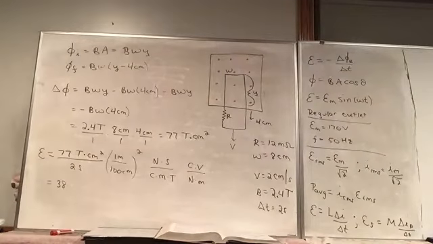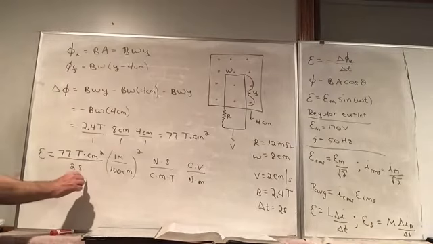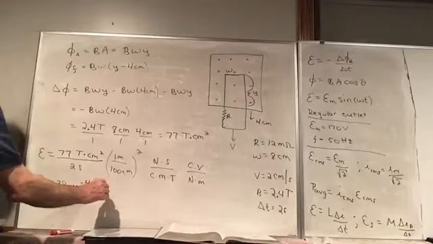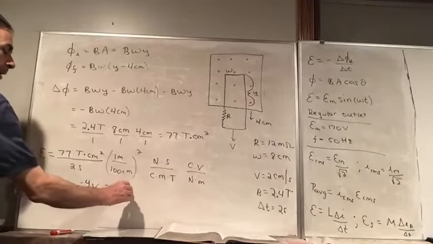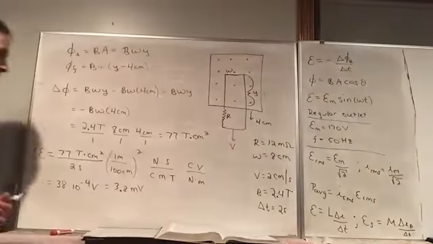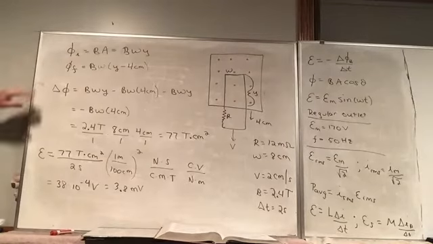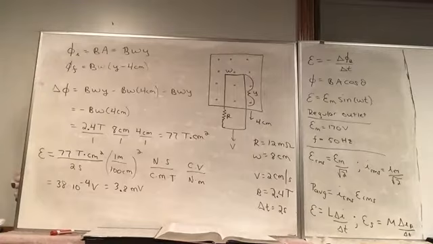So let's say 38 times 10 to the minus 4 volts, or 3.8 millivolts would be the EMF. Okay, so while this thing is moving in this magnetic field, we'd have an EMF of 3.8 millivolts. Kind of straightforward. We know the change in flux, all we do is divide by the time. The only challenging part would be getting the units to give us volts. So any questions on that?